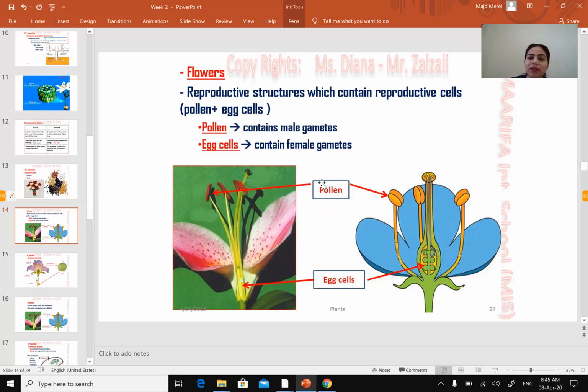Pollen are carried here, with the sperm. And this ovary is the female reproductive part. Later on you will learn the exact names of each part. Here we have the egg cells. So flowers are reproductive structures which contain reproductive cells, pollen and egg cells. Pollen contains male gametes, while egg cells contain the female gametes.